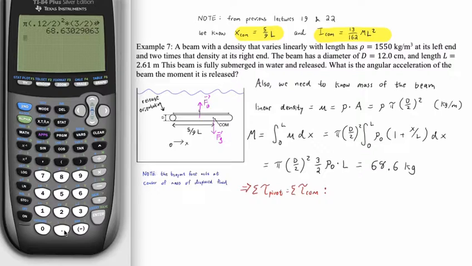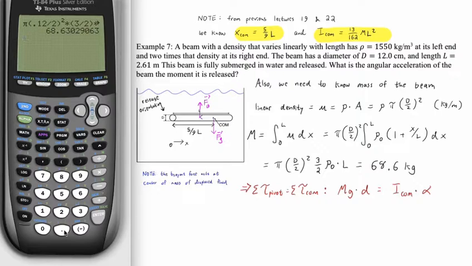So what we have then is mg times something that I'll call d, and that's going to equal I center of mass times alpha. So we're getting pretty close here, although we do need this d value. Let me show that in the figure.